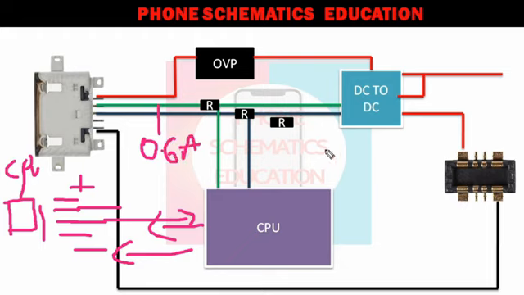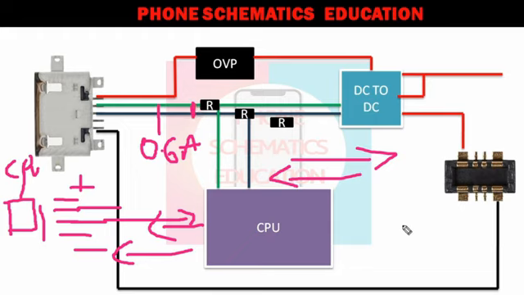That is one thing. Second thing, these two lines work separately, one for receiving and one for transmitting, read and write. Clear? When you connect the charger, these two pins are shorted to each other.